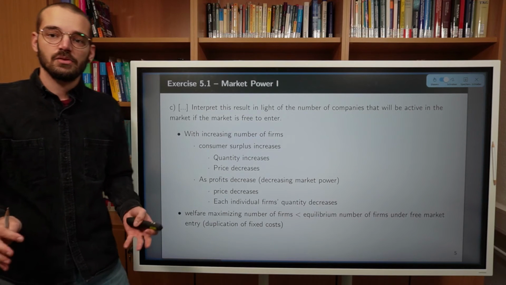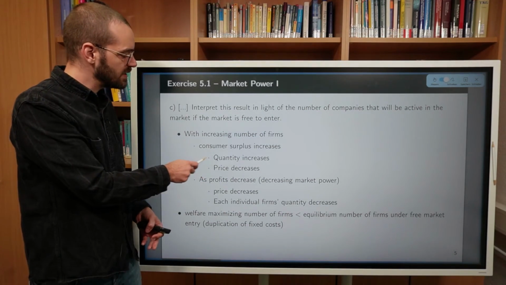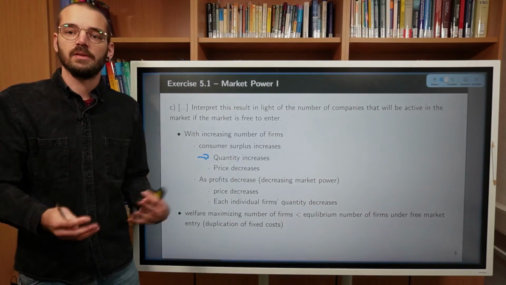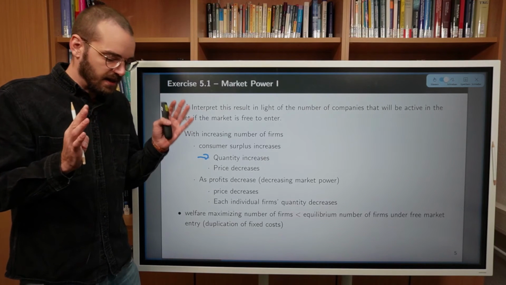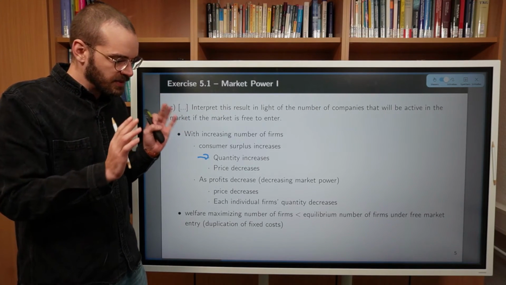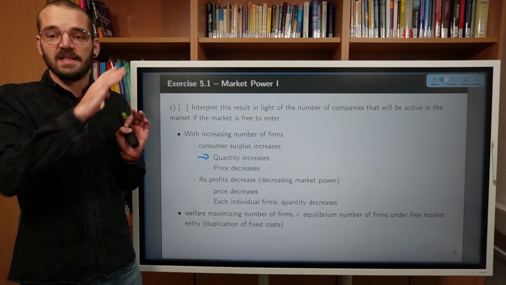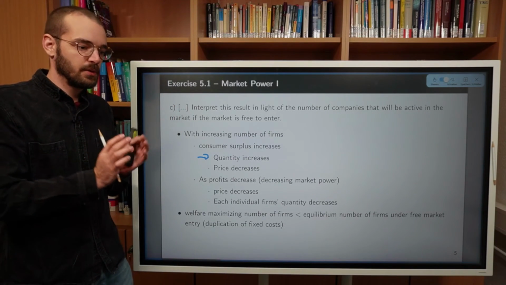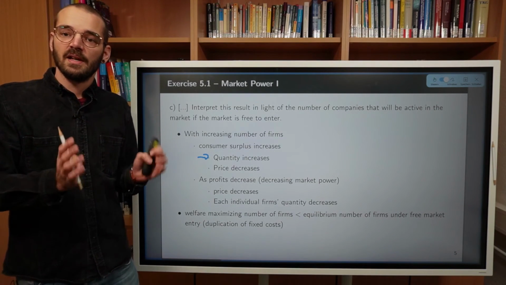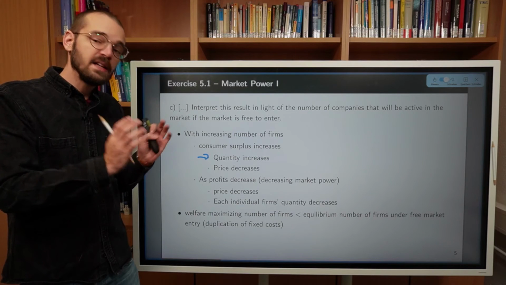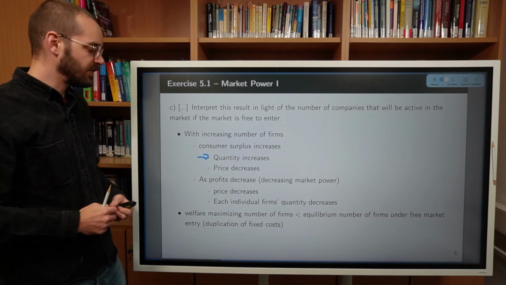This of course is true because if the number of firms increases, we see an increase in the quantity in the market and a decrease in the price. And then again, just keeping in mind this very simple example, in this specific case where we have this linear demand function, of course, with an increase in quantity and a decrease in price comes an increase in the surface area of the triangle below the demand function.